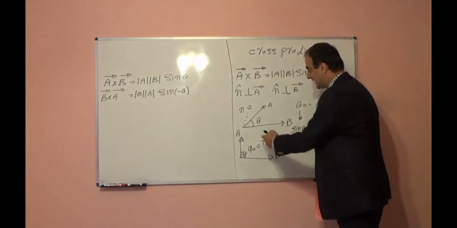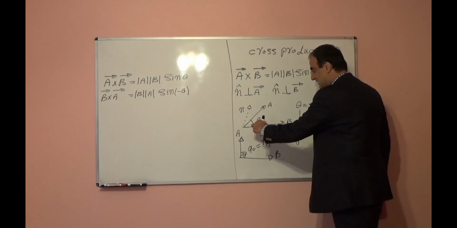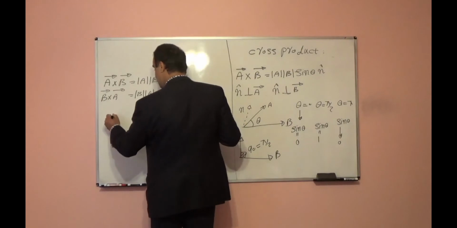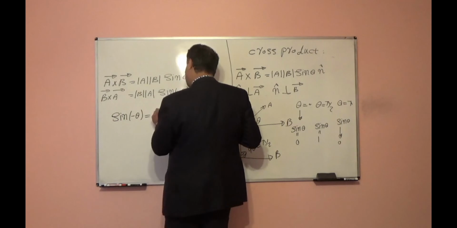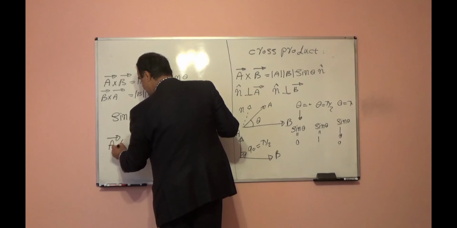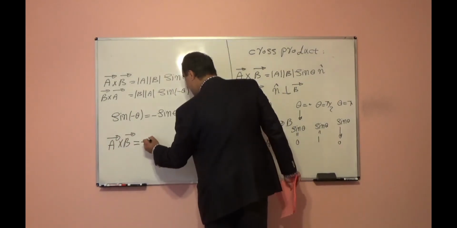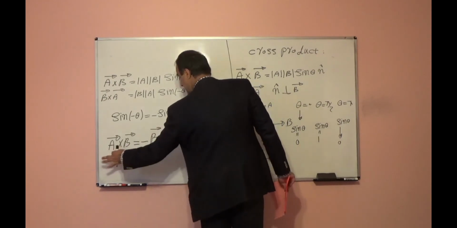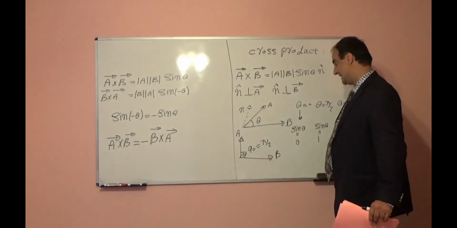Because if from A to B the angle we measure, for example clockwise, is theta, then B to A will be counterclockwise, it will be negative theta, and sine of negative theta is equal to negative sine theta. From here, we know A cross B will be equal to negative B cross A. So vector A cross vector B is equal to negative B cross A.